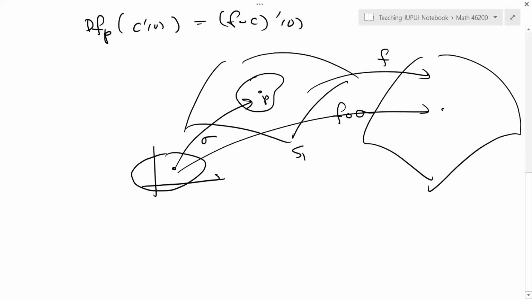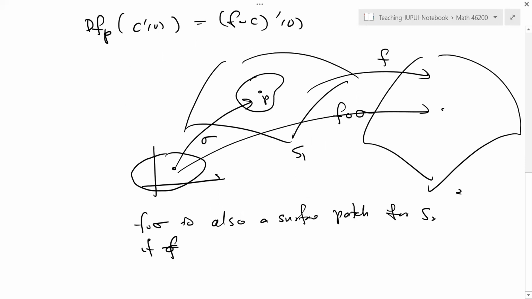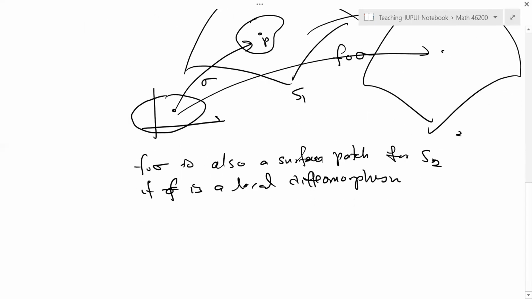So this is also a surface patch for S2 if F is a local diffeomorphism. Otherwise, it is not going to be a surface patch. But nevertheless, you can always differentiate, right?